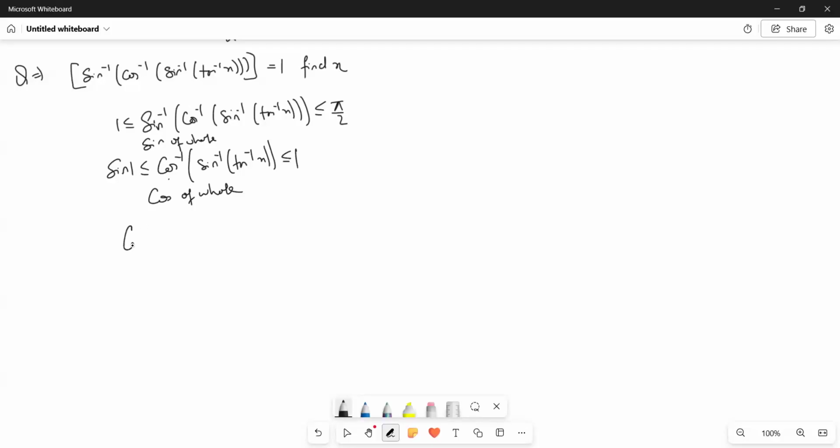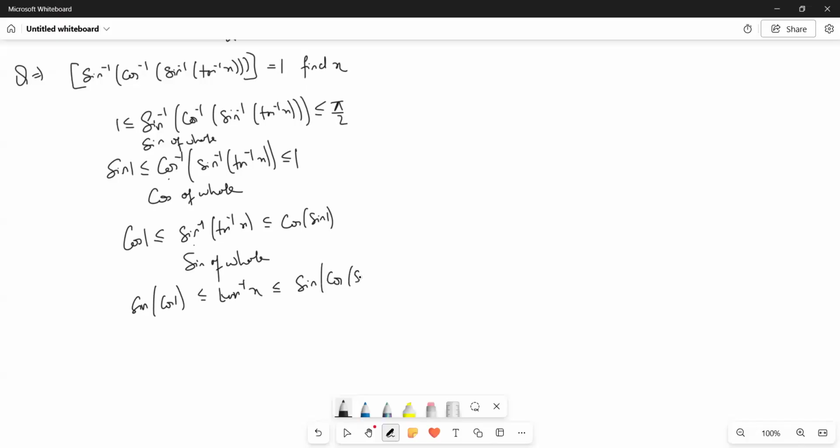Cos is a decreasing function, so we'll have cos 1 is less than equal to sine inverse of tan inverse x is less than equal to cos of sine 1. फिर वापस से बाहर में sin 1 आ गया, साइन इनवर्स है तो साइन ऑफ द होल थिंग, so that will be like sine of cos 1 is less than equal to tan inverse x is less than equal to sine of cos of sine 1.